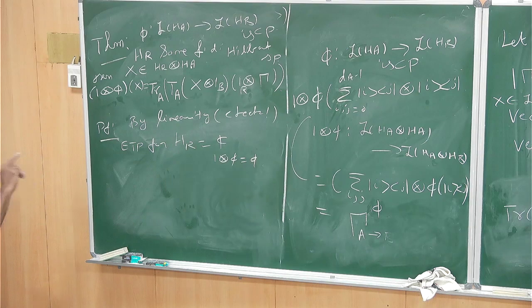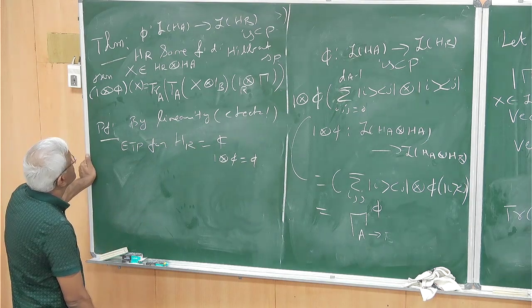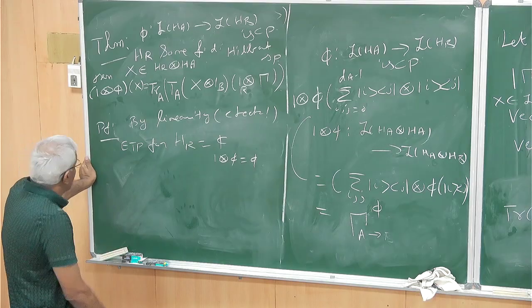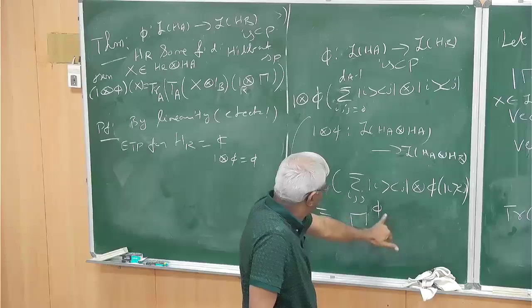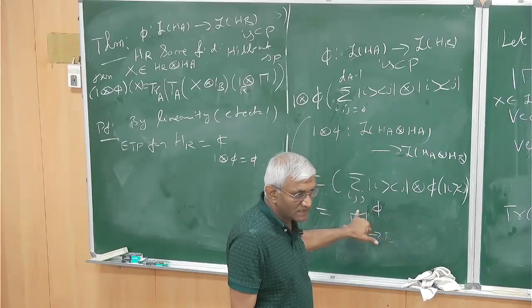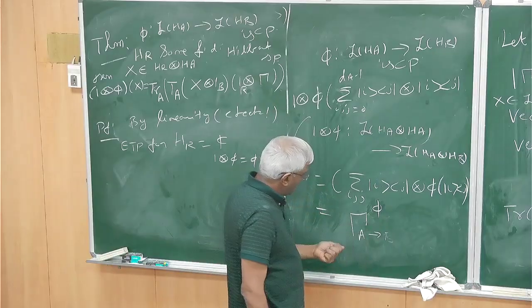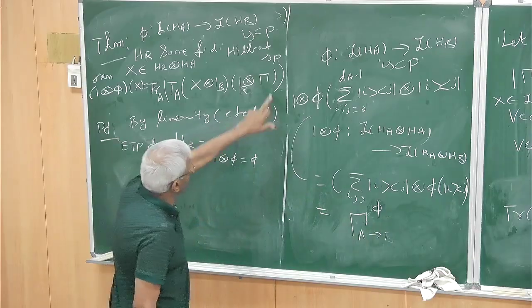I will do this verification and stop. Because we have this matrix gamma, which determines the CP map, we use that. Gamma is here.